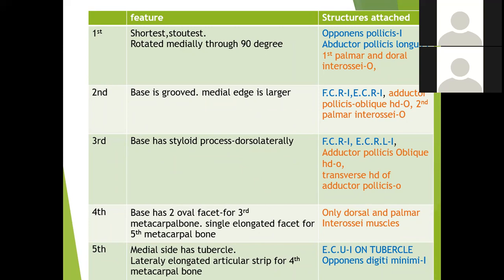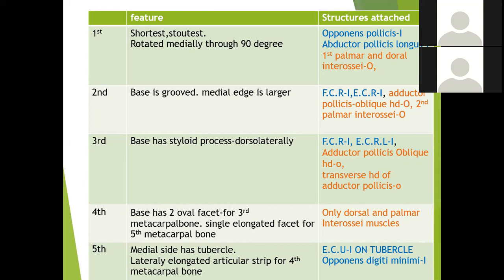So the fourth articulates on either side: on one side with the third metacarpal bone, and on the other side with the fifth. Next, the fifth metacarpal bone has a tubercle on its medial side and a laterally elongated articular strip for the fourth metacarpal bone.